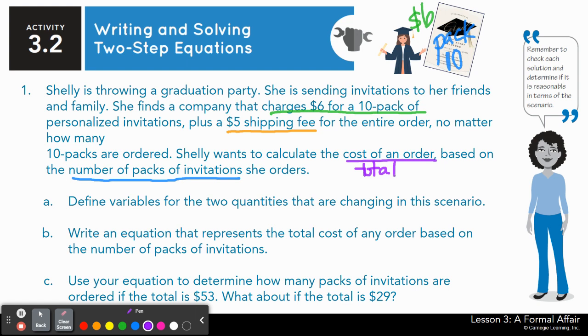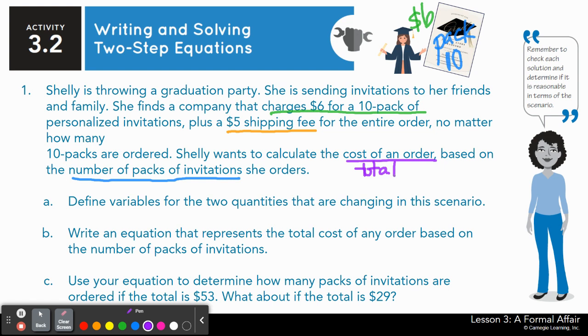Let's look at 1A. It says define variables for the two quantities that are changing in this scenario. In other words, based off of those four quantities that we underlined and highlighted in our annotations, which two of those are changing based on Shelley's order? 1B says write an equation that represents the total cost of any order based on the number of packs of invitations.